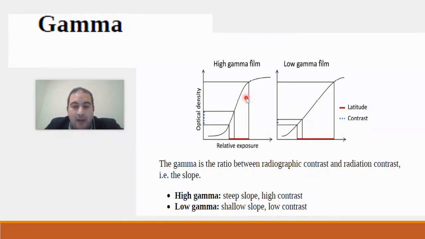In screen film, they cannot create a large range of exposure that gives you the same contrast you want. This is one of the drawbacks of screen film radiography. I cannot create a wide range of exposure as a characteristic of the film itself. Therefore, the issues of screen film radiography regarding underexposure or overexposure were the most common.